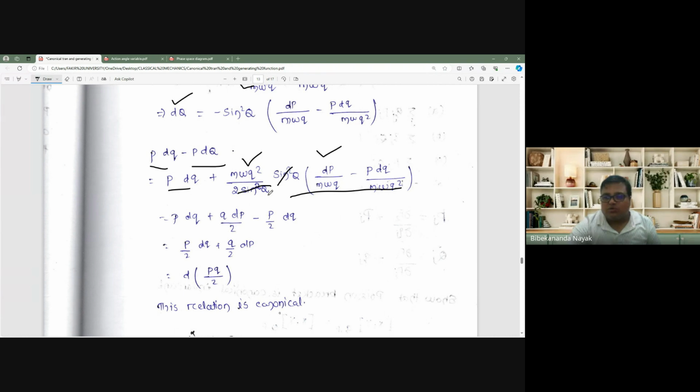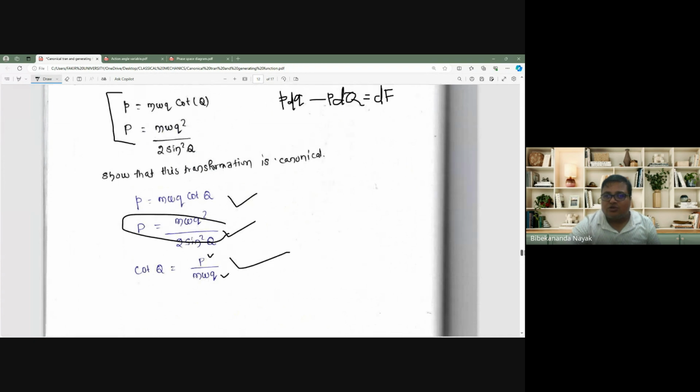If you multiply this, in the first term m omega cancels, so only q dp by 2 remains, and q squared cancels, m omega cancels, only p by 2 dq. So p dq minus p by 2 dq gives p by 2 dq, plus q by 2 dp, which is the derivative of pq by 2. So actually it is f. We write it as a perfect differential, so this transformation is canonical.